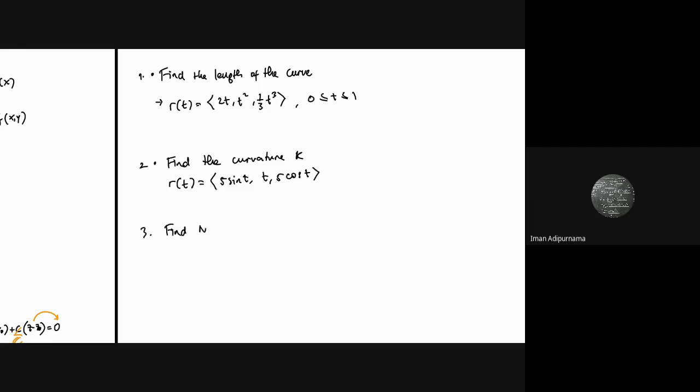Find the normal vectors. Okay. I think there are questions for exercise today.